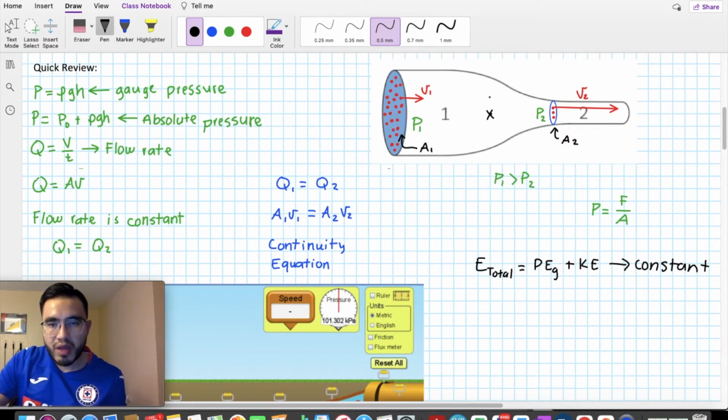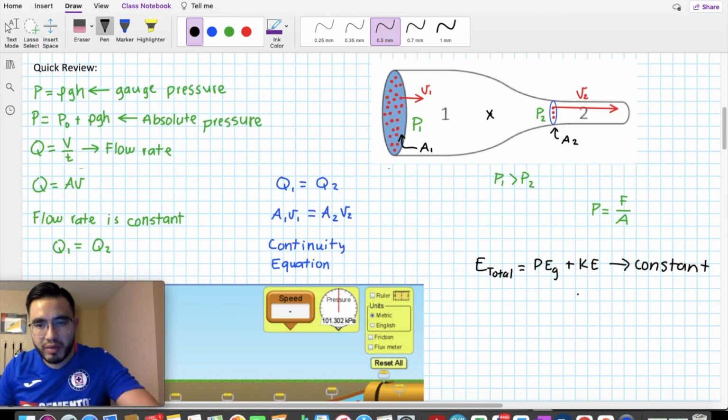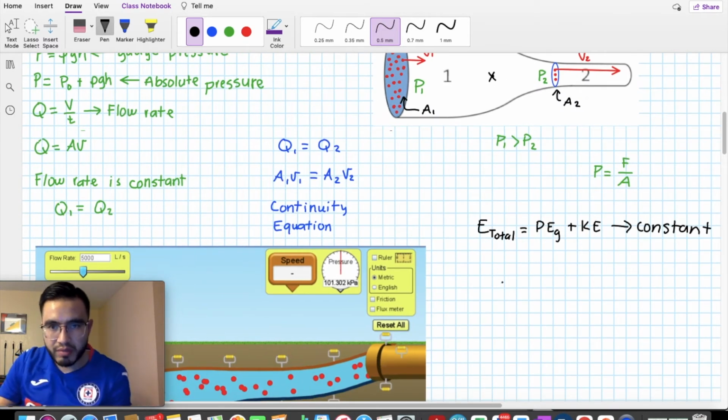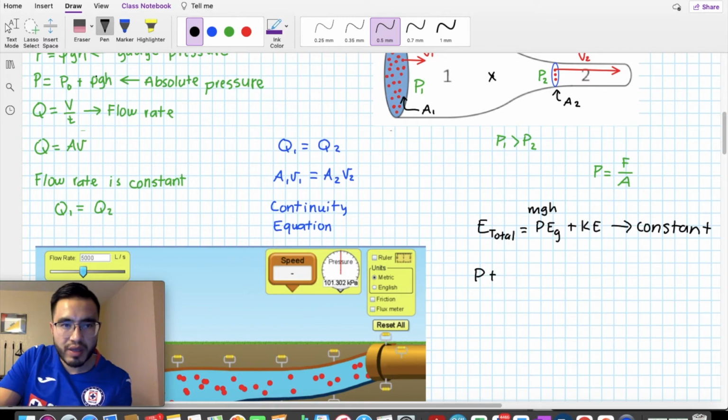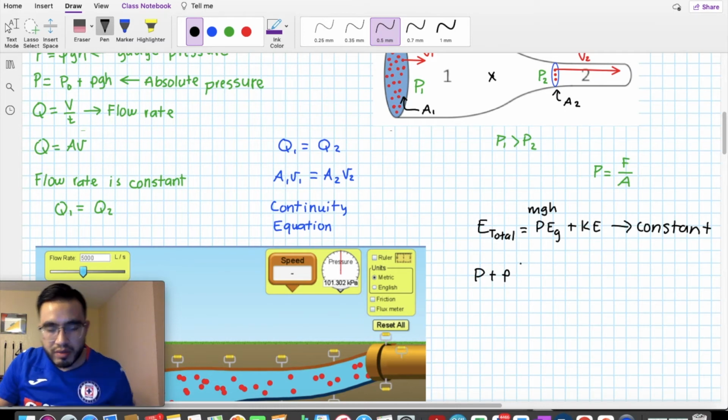The energy of the fluid would be the pressure at that point plus the potential energy of the fluid. Well, how do you know the potential energy? Well, the potential energy, the normal formula is mgh, right? Well, for fluids, instead of mass, we use density. Look at this, right? mgh, rho gh.